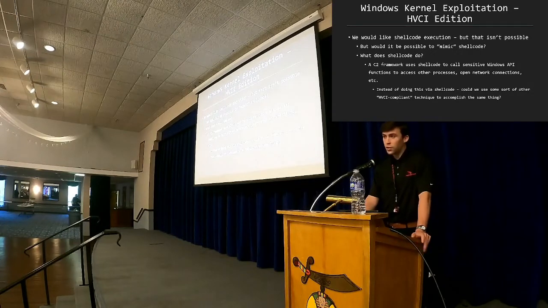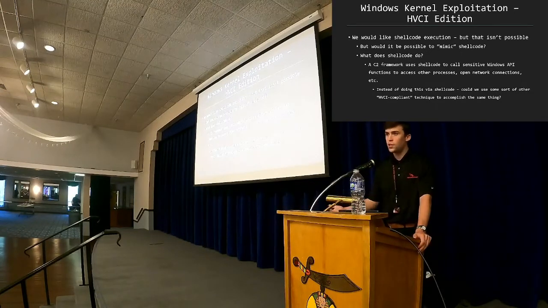So as I mentioned earlier, what is shellcode used for? Shellcode, like a C2 framework, is a blob of shellcode that calls into various Windows APIs, right? So you may have a Windows API called OpenProcess. Maybe you're familiar with that. That's to obtain a handle to an object, basically. That's what C2 frameworks will do.